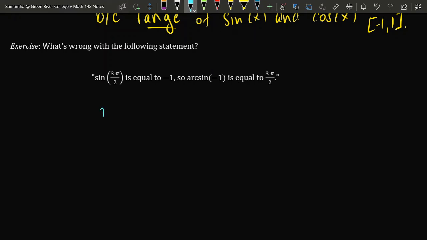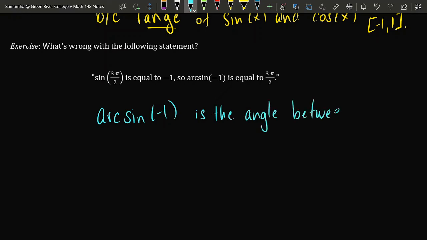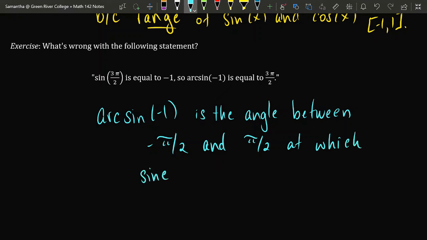And the issue is that arcsine of -1 is specifically designed to produce the angle between -90 degrees and 90 degrees, at which sine outputs -1.